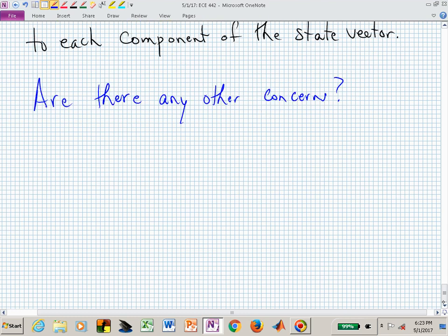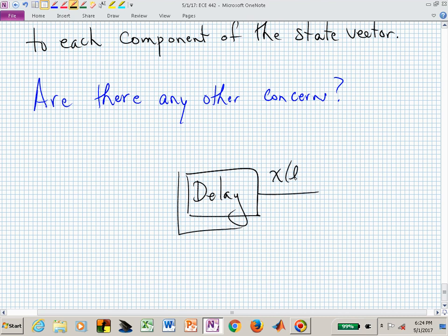And now let's go ahead and remind ourselves. I'm not going to scroll back this time. Let's just redraw our system. Here's our bank of delays. We have N of those, and here is our state vector coming out.